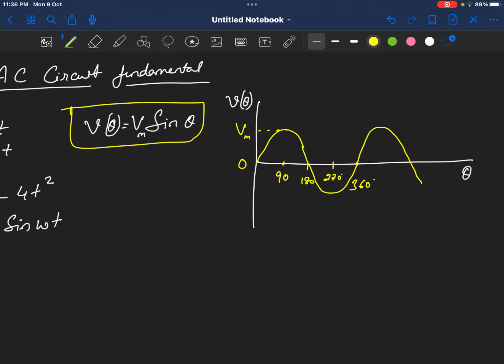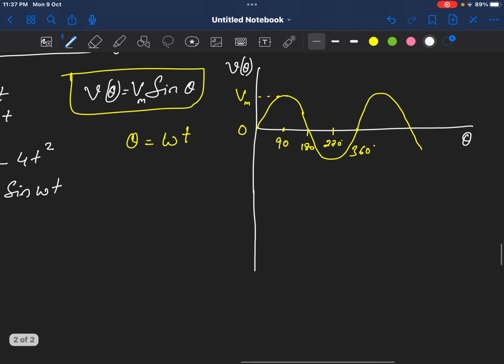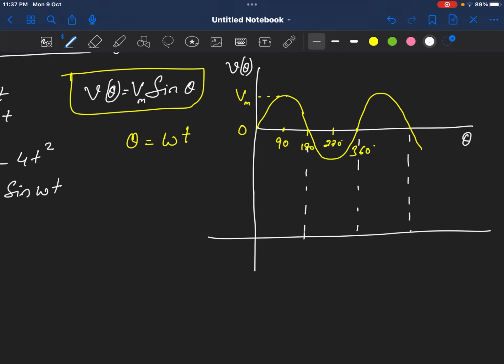Now, theta is nothing but angular displacement, and we can write it in terms of omega t. Omega is the angular velocity multiplied by time. So, if the same waveform, let us draw again. Can we represent it in terms of time?